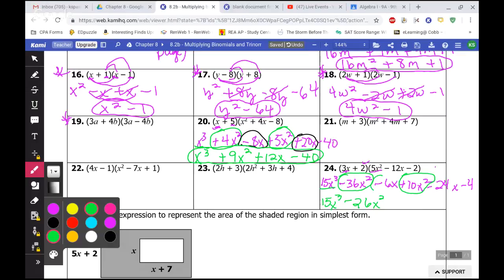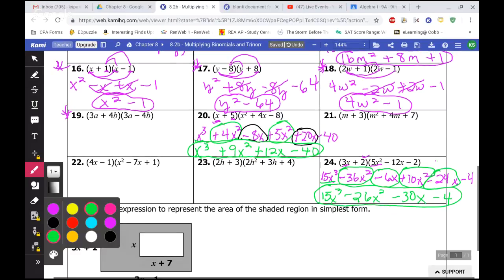And I've got a negative 6x with a negative 24x. Those are both negative. So negative 6 and a negative 24 gives me a negative 30x. And then I've got a negative 4 left. So my final answer for number 24 is 15x cubed minus 26x squared minus 30x minus 4.